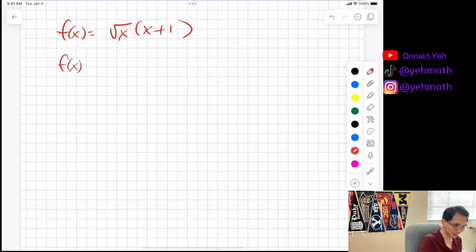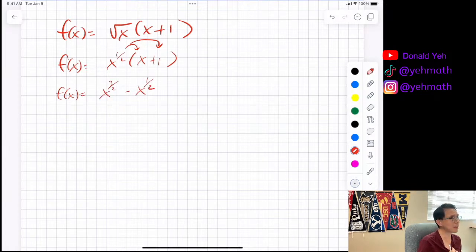Can I say that's x to the 1/2 times x plus 1? Can I distribute this?